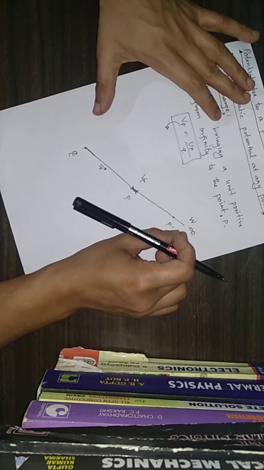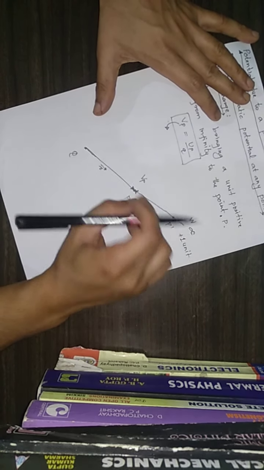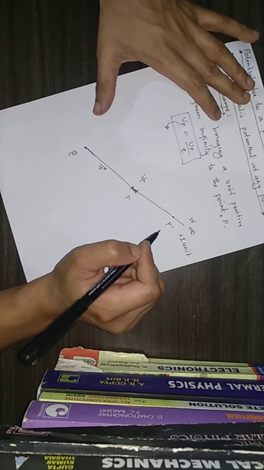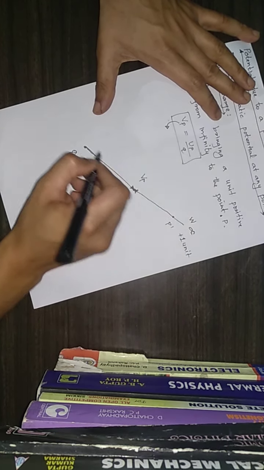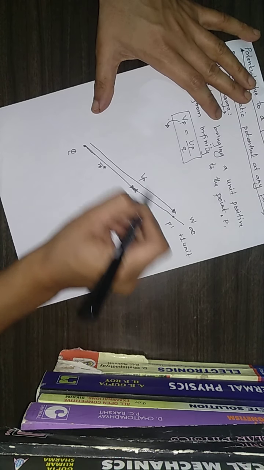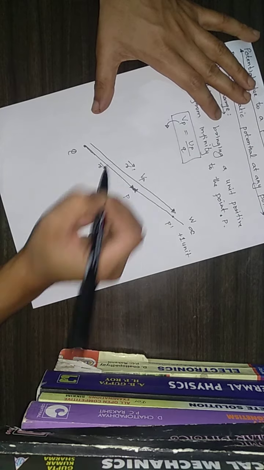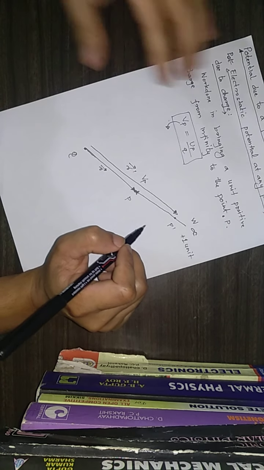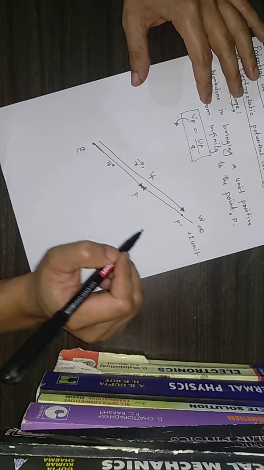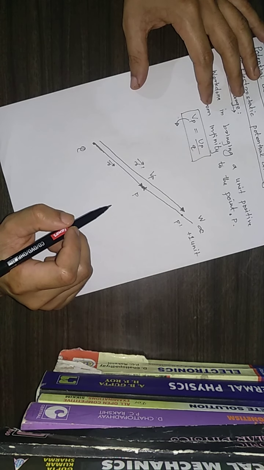While bringing it from infinity to the point P, we come across an intermediate point, represented by P dash, which is at an r dash vector. So r dash vector is the position vector of P dash, and r vector is the position vector of P.